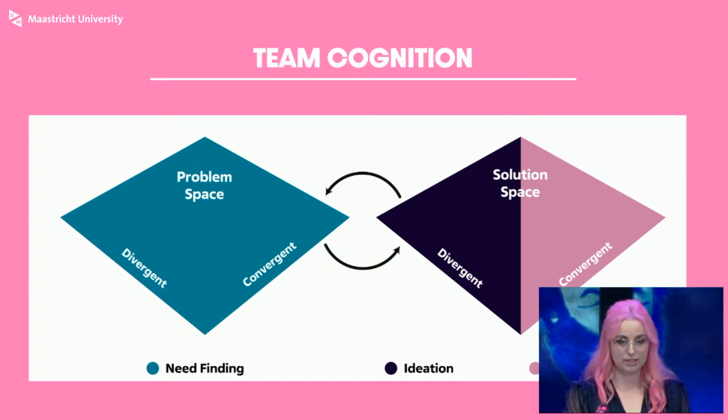While need finding contains 2 cognitive activities, namely divergent and convergent thinking, ideation only contains 1 cognitive activity, divergent thinking, and prototyping only contains 1 cognitive activity, convergent thinking. When we have a team working on an ideation task, we expect them to be cognitively busy with generating a lot of new ideas, and this affects in turn the way they talk to each other.